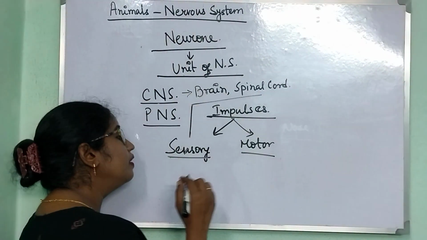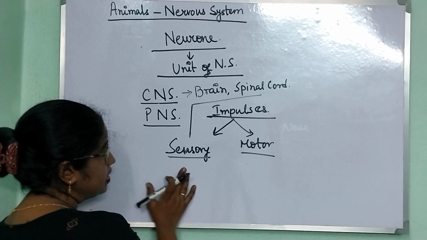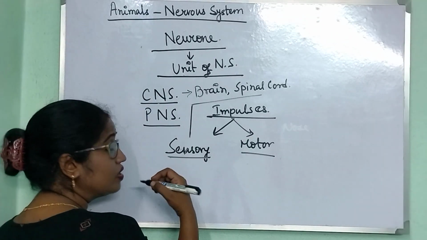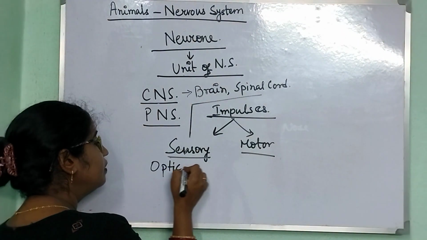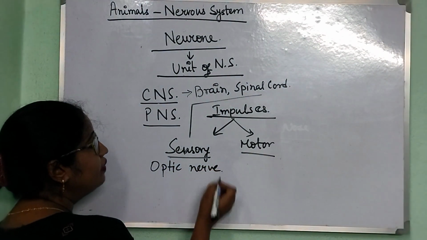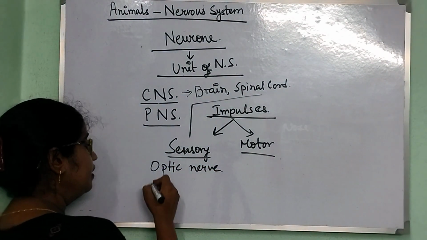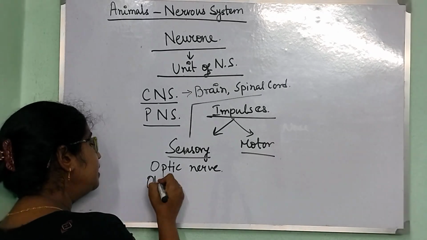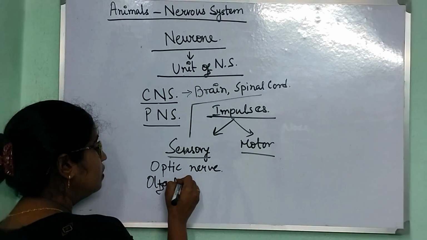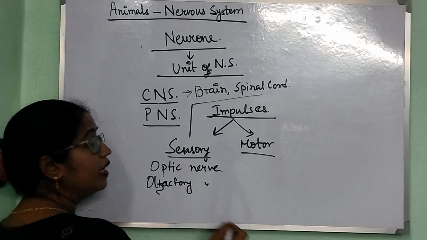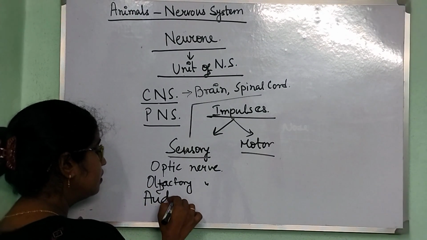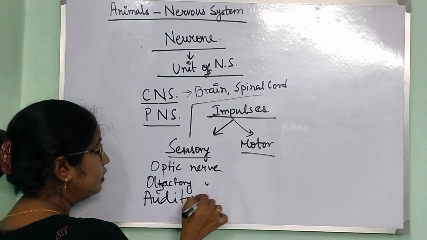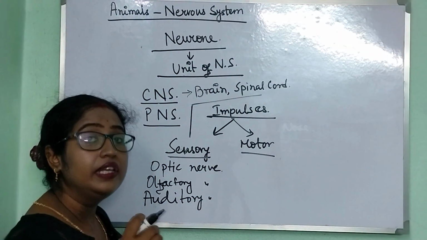Examples of sensory nerves or sensory neurons are the optic nerve that we have in our eye, the olfactory nerve that we have in our nose, then the auditory nerve that we have in our ear.